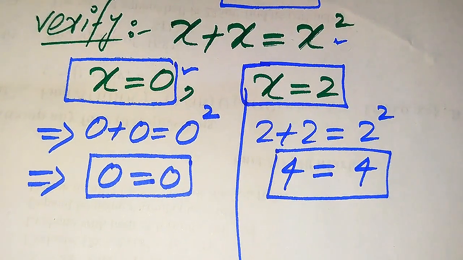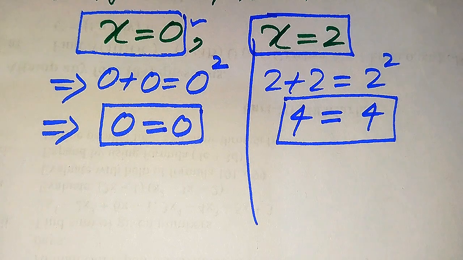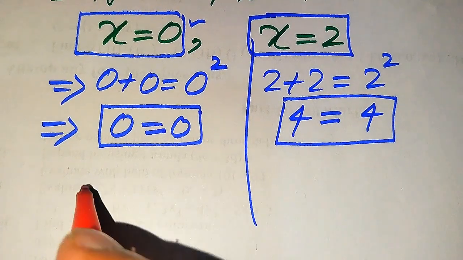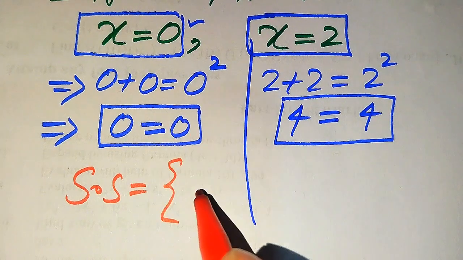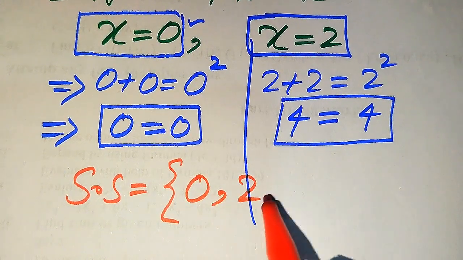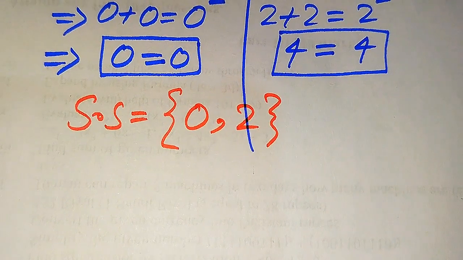It means that both values of x satisfy the given equation. So we conclude that both roots are included in the solution set, because both roots satisfy the given equation. So in the first method these are the two roots of the given equation.